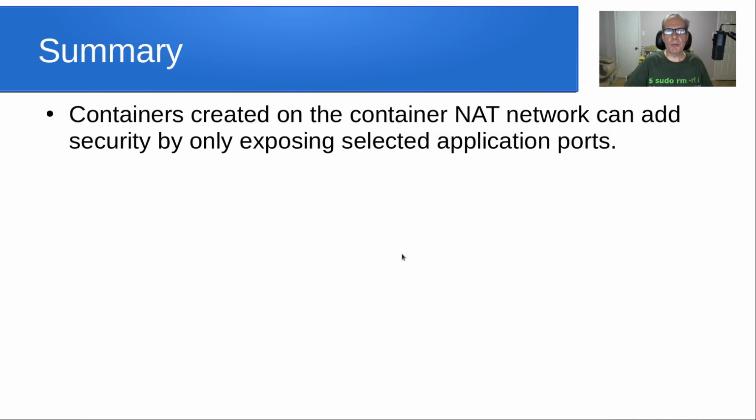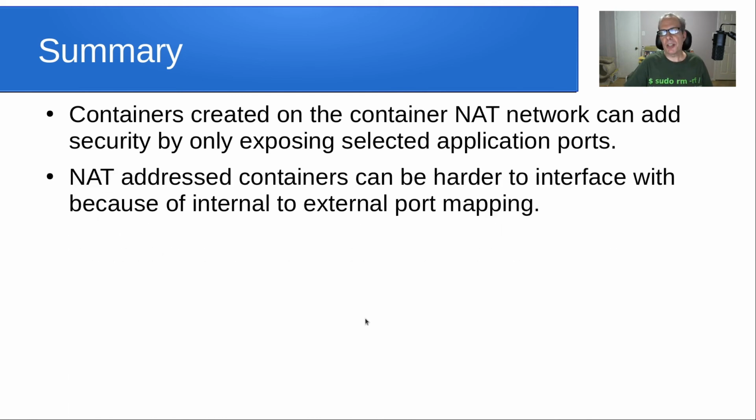Okay, so in summary, containers created on the container NAT network can add security by only exposing selected application ports. And that's kind of the default, and that's what most people do right now. NAT addressed containers can be harder to interface with because of internal to external port mapping. We showed that up front in the first slide.